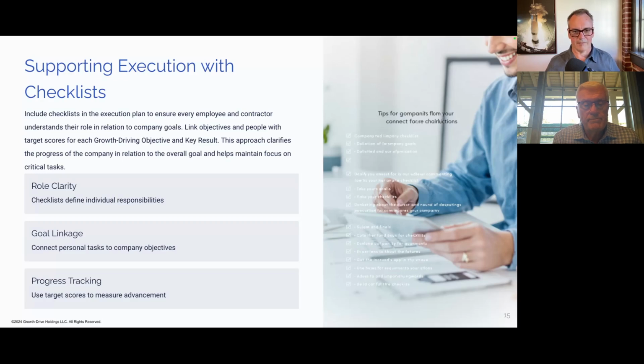But checklists for a lot of job functions or for a lot of tasks are wonderful. They're simple. Checklists that define individual responsibilities, accountabilities. If we have a stack of checklists, how do they link? Do all of the tasks that we've enumerated build up to moving the business forward?